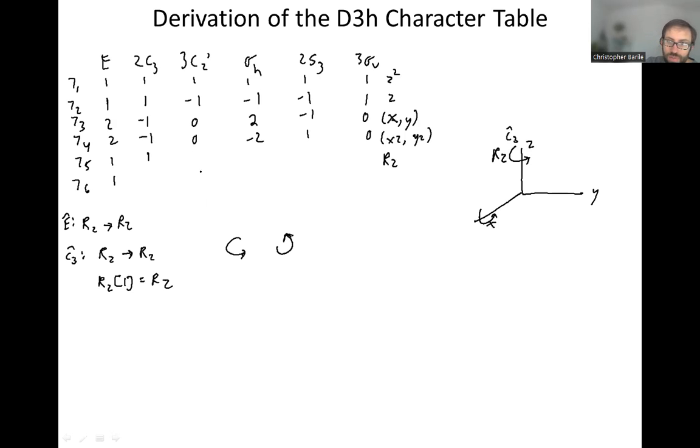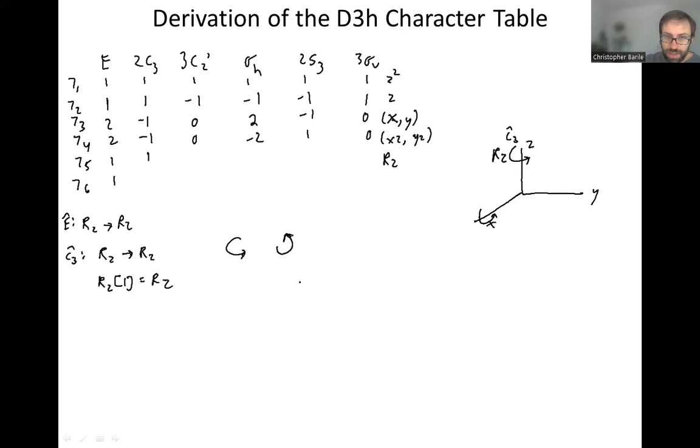Okay, so C2 prime. We know that we define one of our C2 primes as being coincident with the x-axis. So we're doing a 180-degree rotation this way. We're taking that rotation vector and flipping it like this.